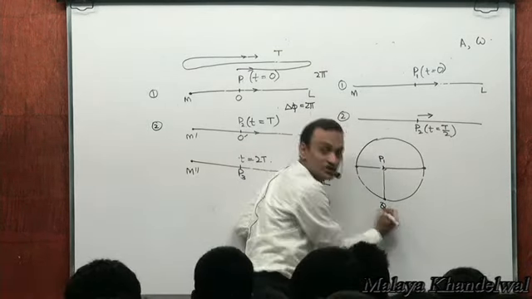At a time t equal to capital T by 2, the auxiliary particle was here, Q1 prime, and was headed like this. Yes or no? Yes. That is for P1. That means the auxiliary particle of P1 would have described pi radians in T by 2 seconds.